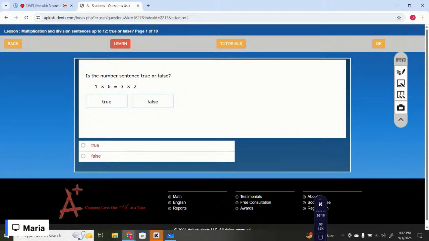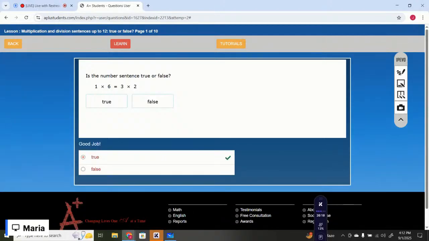True it is because 1 times 6 is 6 and 3 times 2 is 6. So that is true.